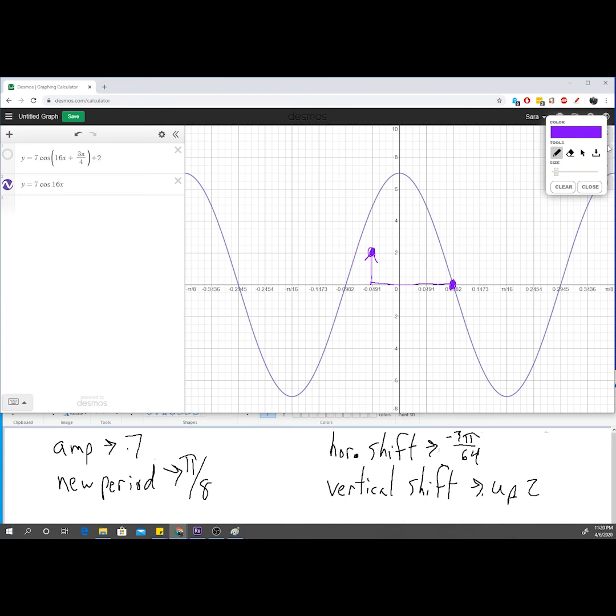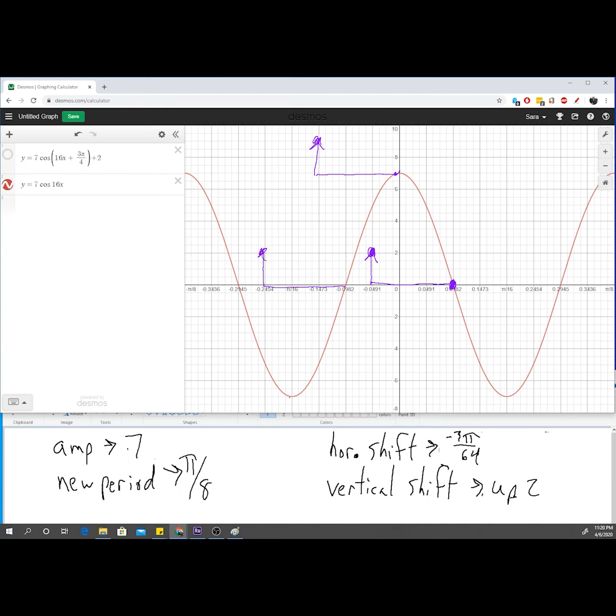Let's go ahead and change this one so that they contrast each other a little bit better. All right, so I'm going to keep taking my points, move them over 3 pi over 64, and up 2. I'm going to move it over 3 pi over 64, and up 2.